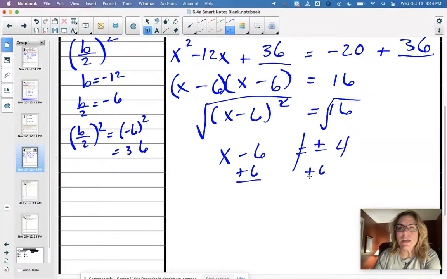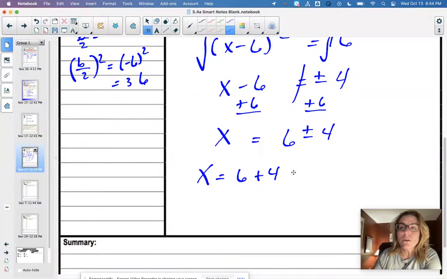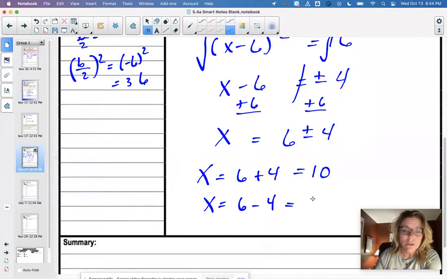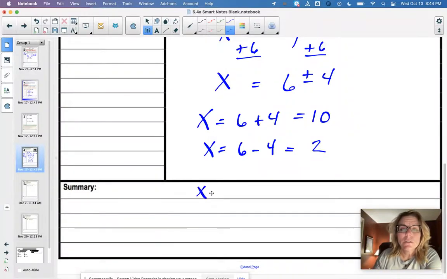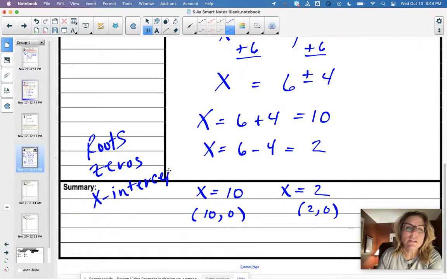Add 6 to both sides because we're solving for x. So x is equal to 6 plus or minus 4. Well, that results in two answers. 6 plus 4, which is 10, and x equals 6 minus 4, which is 2. So we have just found, and you can write them like this also, the roots, which are the zeros, which are also called the x-intercepts.